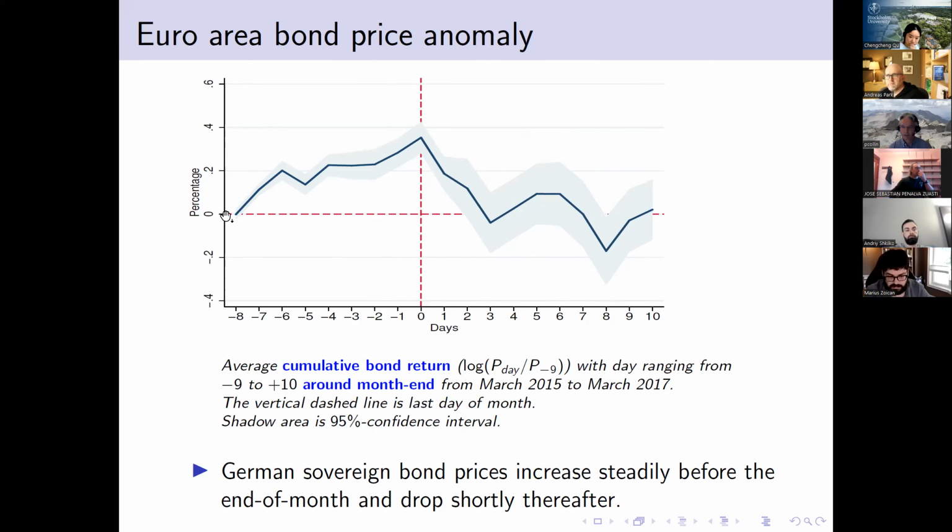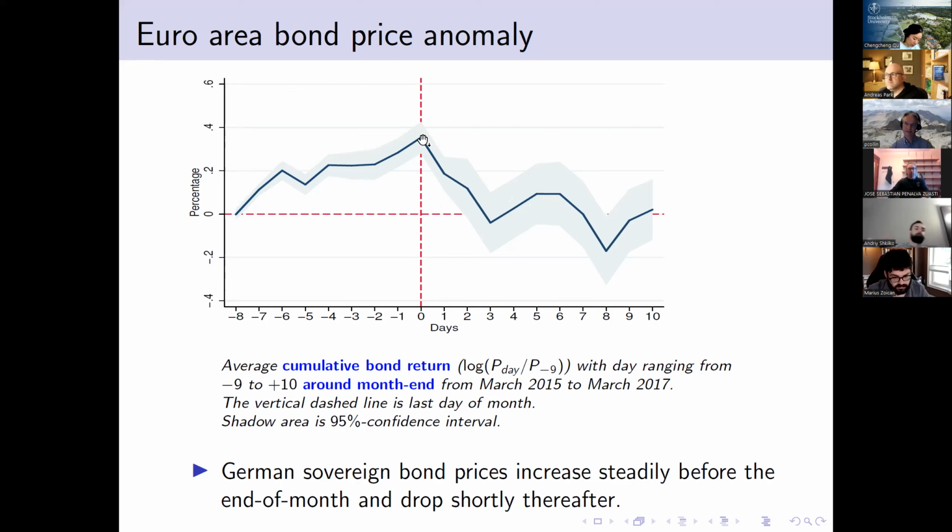You can see a run up about 10 days before the end of the month on average, and then a pretty quick fall off in a couple of days after month end. The question is, how might that arise, and might it be in part due to this asset purchase program?